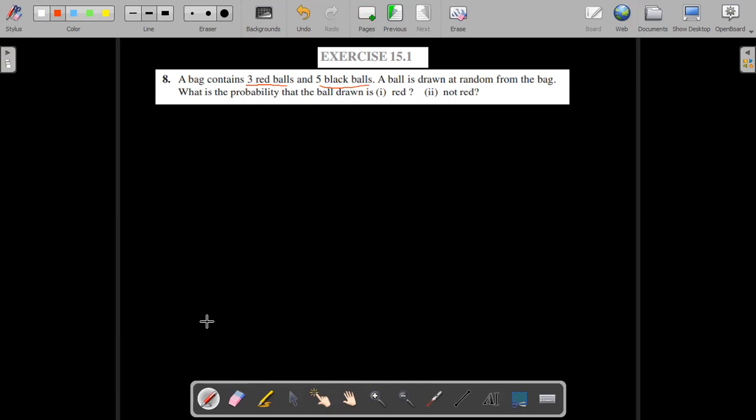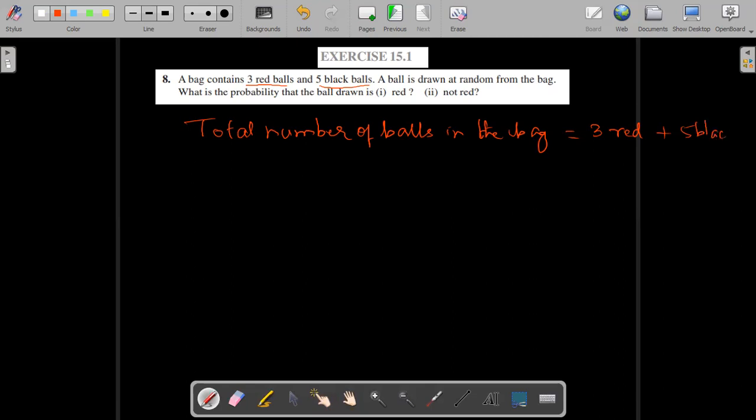So the total number of balls in the bag is equal to 3 red plus 5 black, 3 plus 5, 8 balls. There are a total of 8 balls in the bag.